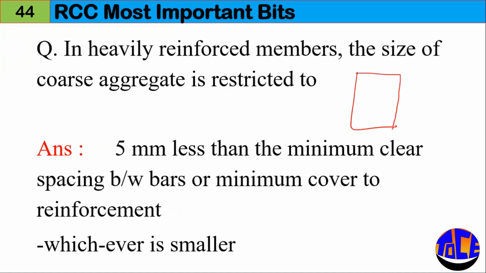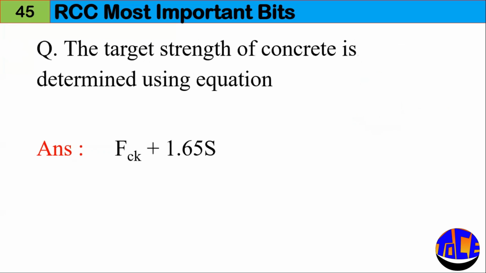Clear span means between the bars. This is your clear span, and this is your minimum cover. So 5 mm less than this and 5 mm less than this will be the maximum size of coarse aggregate.